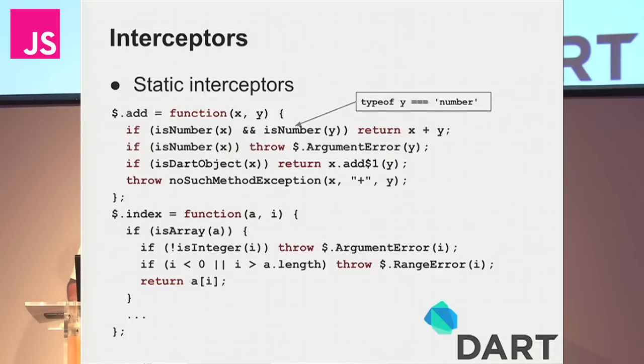If it's something else that supports a plus operator, we would do it in there too. So we just intercept operators in a static function, and then only redirect to the Dart object if it's not a JavaScript primitive. Similarly, for the index operator, we check if it's a JavaScript array. If it is, we do the JavaScript stuff. And if it's not, we will redirect to the Dart method.